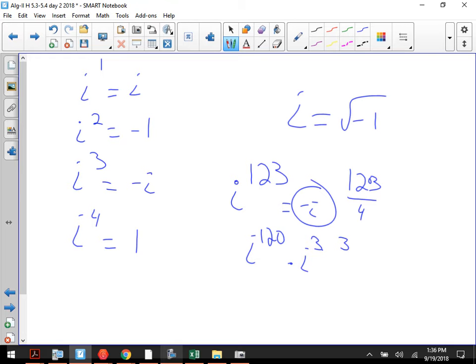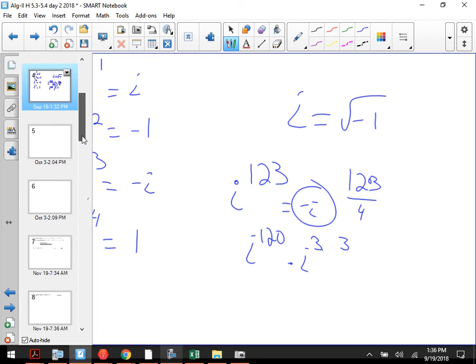Okay, remember. But wait, there's more you can do with i's. I is the square root of -1. That's what i represents.